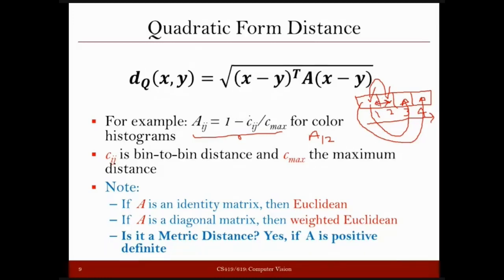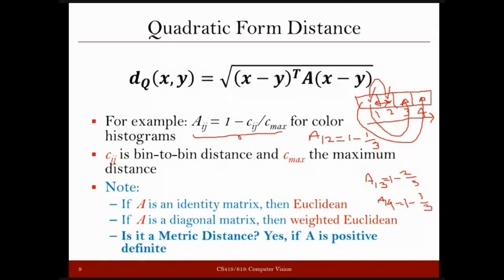So A12 is going to be nothing but 1 minus C12 divided by C max, which is 3 here. Okay. Similarly, if you compute A13, this is going to be 1 minus 2 by 3. Right. Similarly, if you compute A14, this is going to be 1 minus 3 by 3.